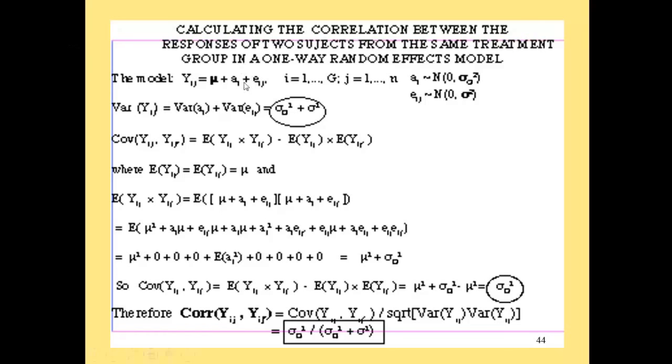We have A sub i, which functions as a random effect, and Eij, which functions as an error term. They're both normally distributed with a mean of 0 and two different variances. So the variance of the random effect Ai is sigma naught squared. And the variance of the error term Eij is sigma squared.